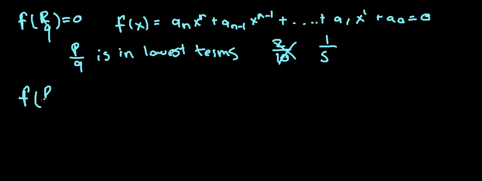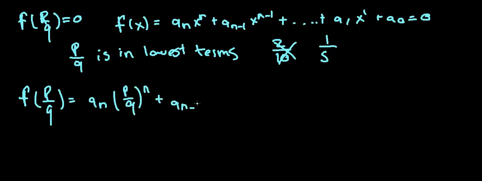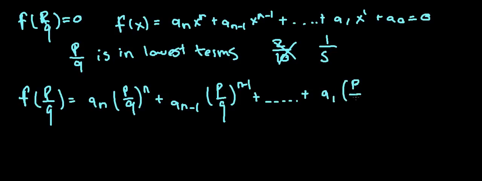So f of p over q is equal to a_n (p over q) to the n, plus a_(n-1) (p over q) to the n minus 1, plus ... plus a_1 (p over q) to the first plus a_0 is equal to 0.